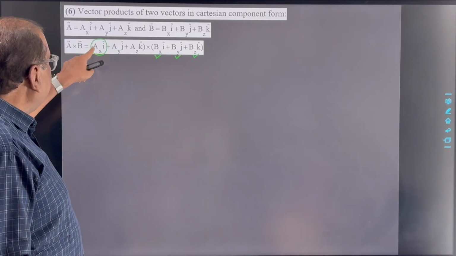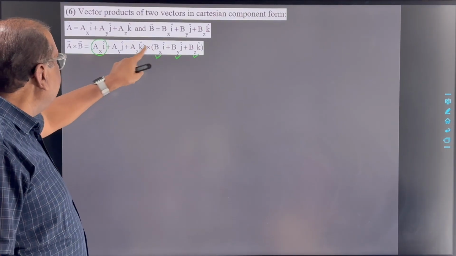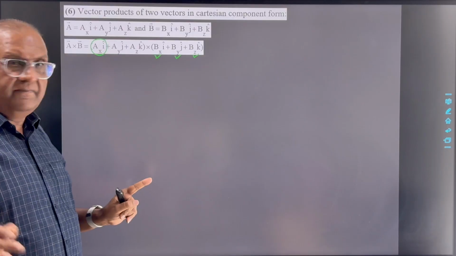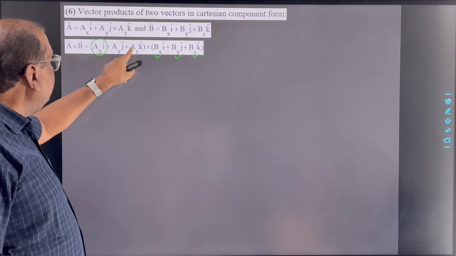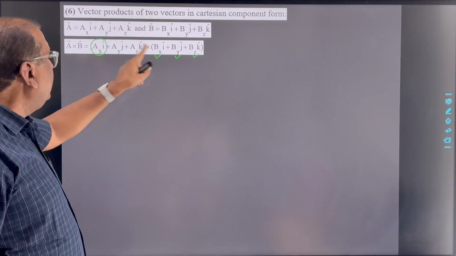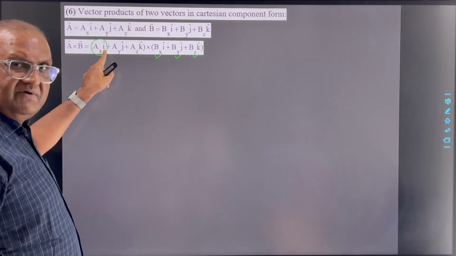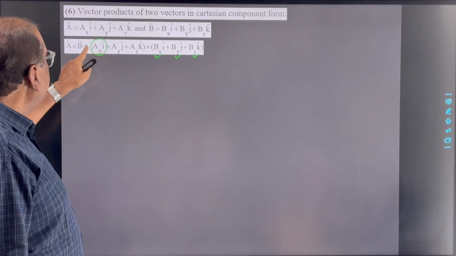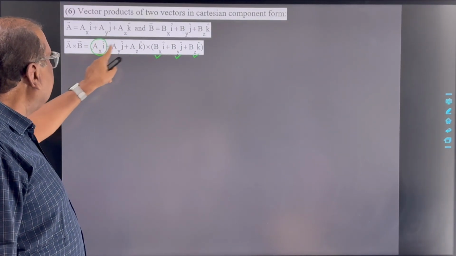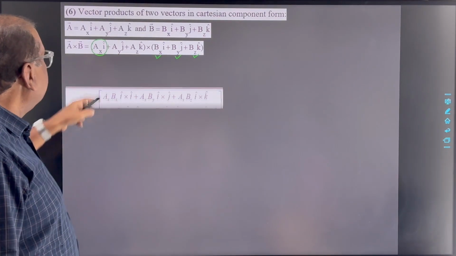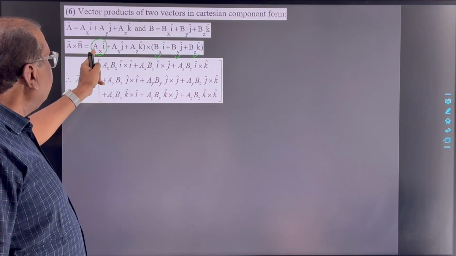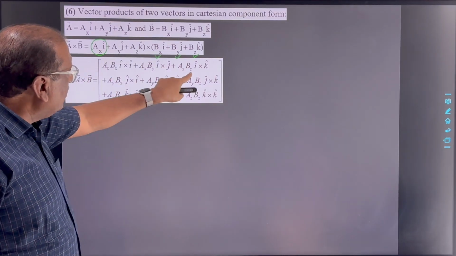So the first step will be Ax Bx i cross i. Here you have to maintain the order. These unit vectors are first, so in multiplication you have to represent this one first and then this one. So Ax Bx i cross i, then Ax By i cross j, then Ax Bz i cross k, this third one.